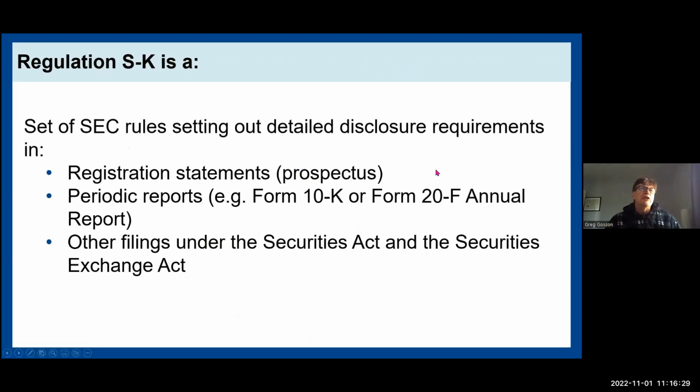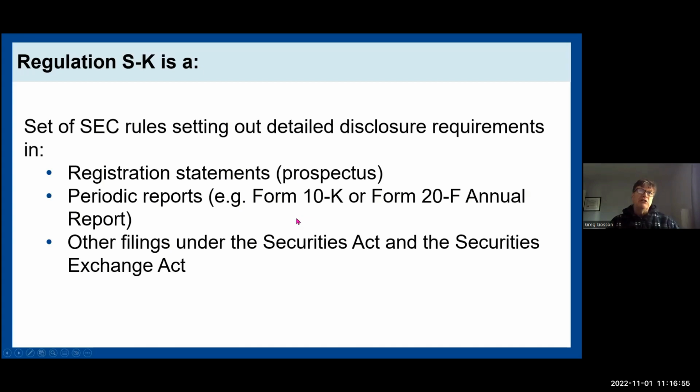So what is this Regulation S-K? You know, the SK-1300, that is items 1300 to 1305 of this Regulation S-K. Well, it's a set of rules setting out detailed disclosure requirements. When you file a registration statement, like a prospectus, you go to the prospectus form, and for certain content in the prospectus, it'll refer you to Regulation S-K.